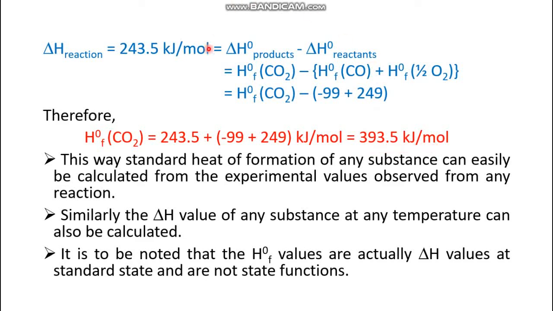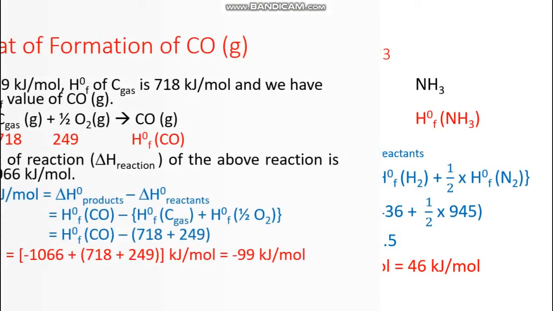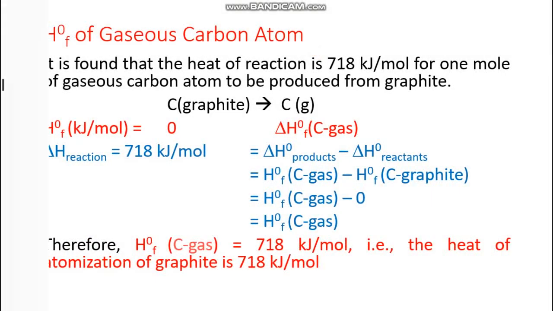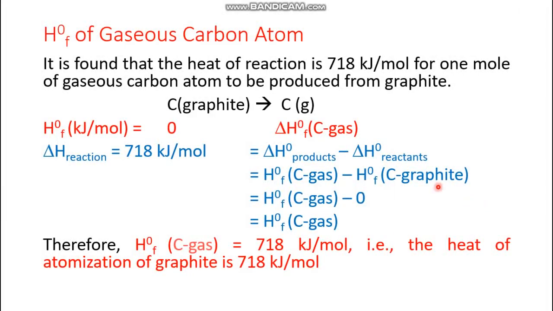Let's have a recap. First of all, what did we do? We found the H0 value of the oxygen atom. Next we found the H0 of the carbon atom in the gaseous form.